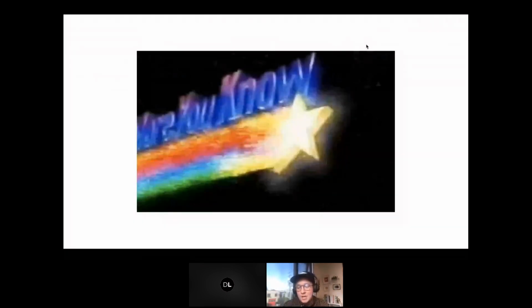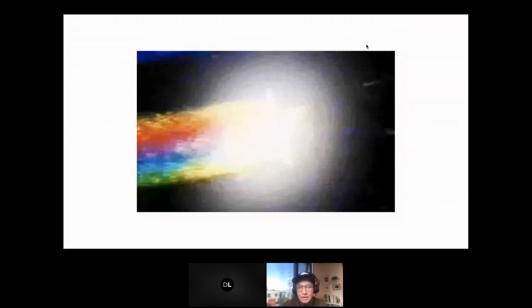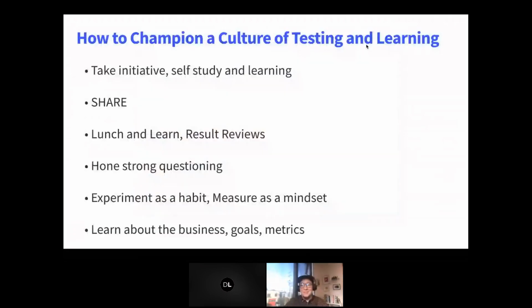Well, ultimately, it's about being able to share this across your company and really advocate on behalf of it. The more you know, the better you are, the more informed you can be at any part of your role or experience. So these are just some of the things that I think would be helpful in terms of being able to champion this kind of culture of testing and learning.